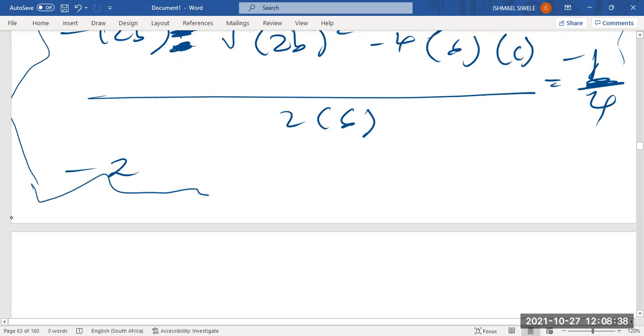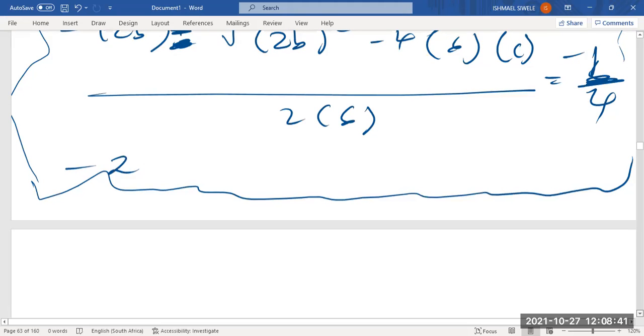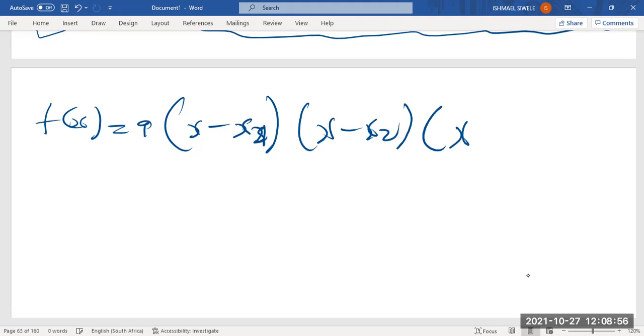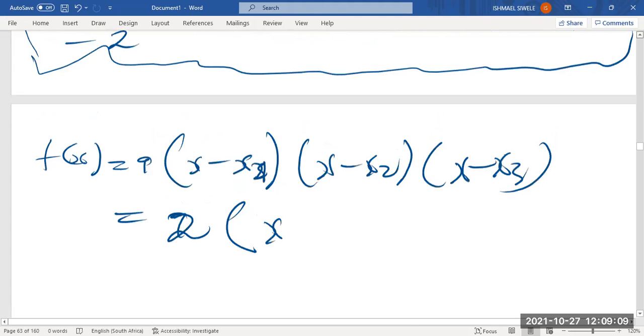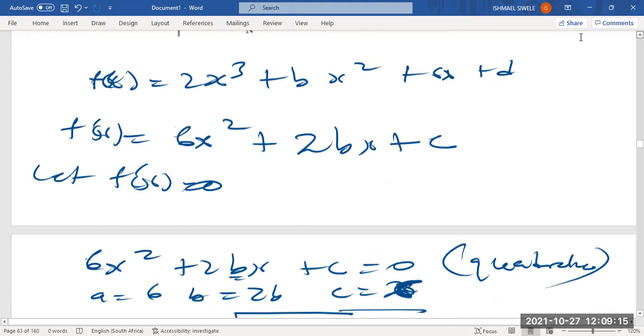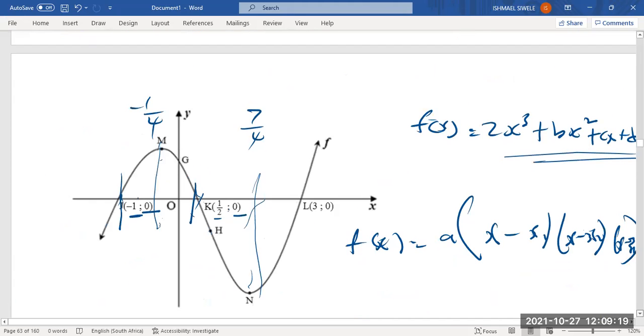So what is important in solving questions is to first check how you can solve the question. You check all the possible ways, and then choose the best one that's going to take you to the answer straight away. So x minus x1. a is 2 there, it's given as 2. Then x minus, like me, I don't follow this minus in most cases, but it's fine. We have minus 1, so this one is plus 1 there.